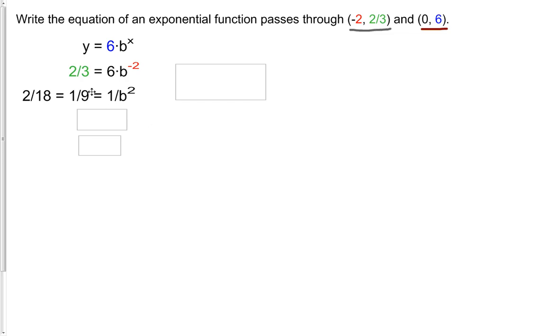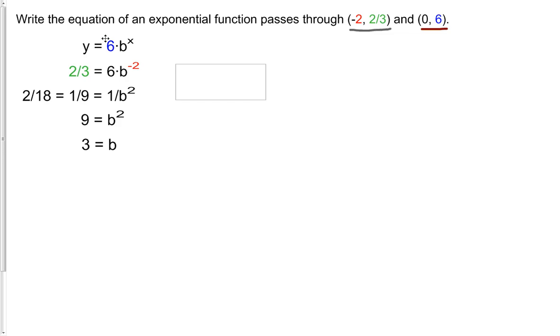Now, since we have 1 over 9 equals 1 over b squared, I thought it was easier to look at if we inverted both sides, which is something we can legally do. So that's going to leave us with 9 equals b squared. Once you have that, square root both sides, and the square root of 9 is going to be plus or minus 3, but again, we throw out the negative answer, so we're just left with b equals a positive 3.